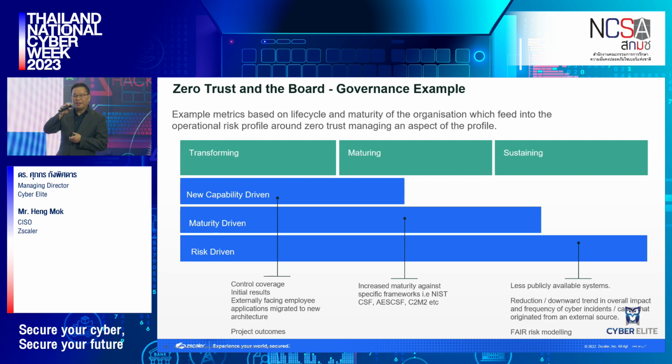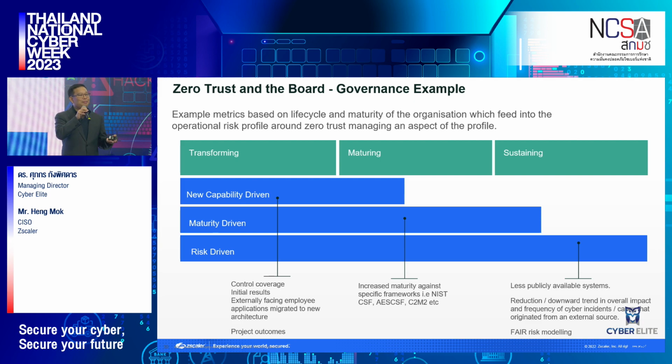And then I guess when we think about the governance example, it's all going to be determined based on where you are within your journey, whether you're transforming, whether you're maturing, or whether you're sustaining. And at those different junctures, you're going to be wanting to use different mechanisms to demonstrate where your organization is at.